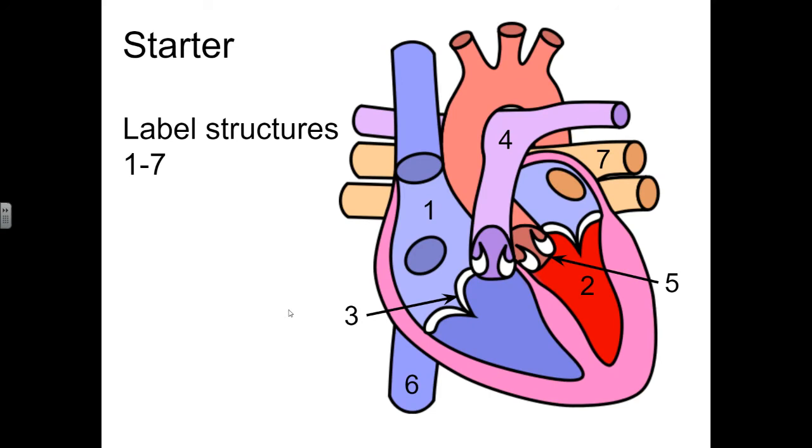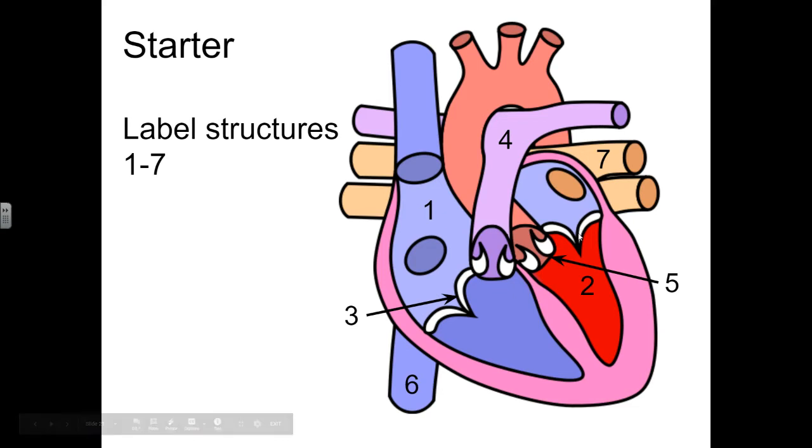Starter question: see if you can name the 7 parts labelled here. I would say 1 is the right atrium, 2 is the left ventricle, 3 is one of the AV or atrioventricular valves, and 4 looks like the pulmonary artery, so it comes up here and branches right and left. 5 is a semilunar valve.